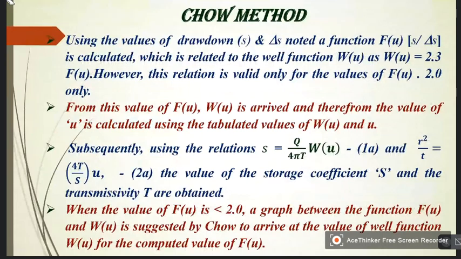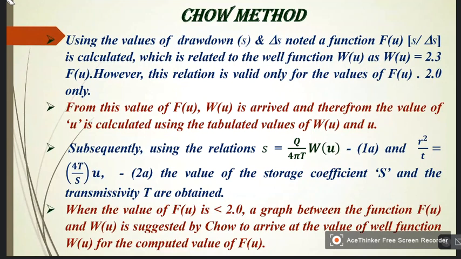So using the values of drawdown S and delta S noted, a function F(u), that is S by delta S, is calculated, which is related to the well function W(u), as W(u) is equal to 2.3 times F(u).